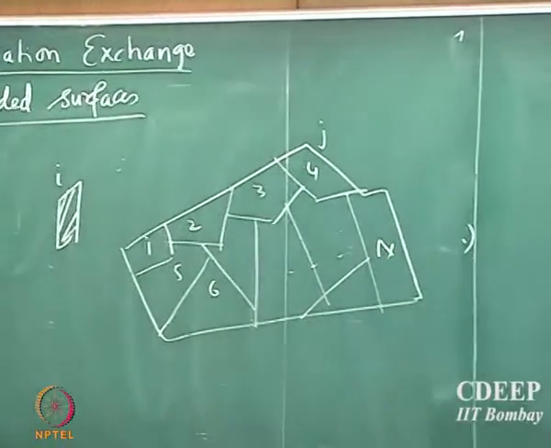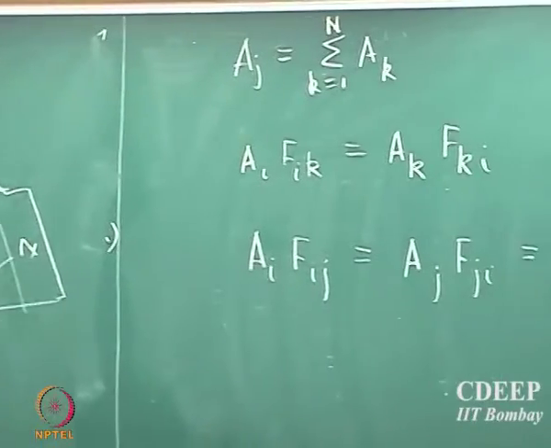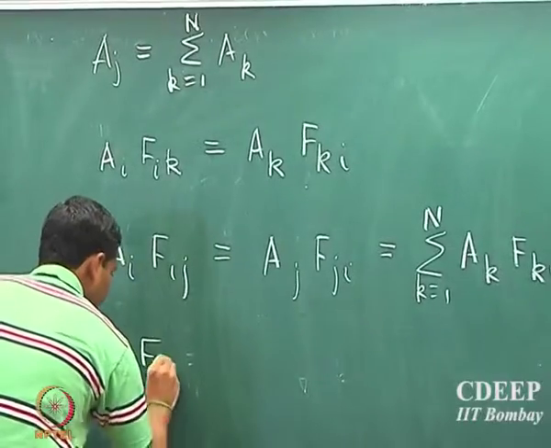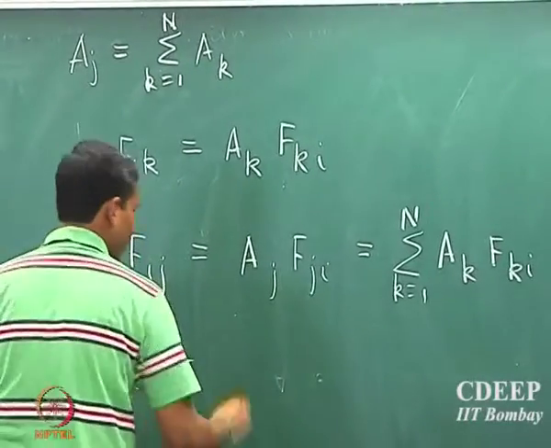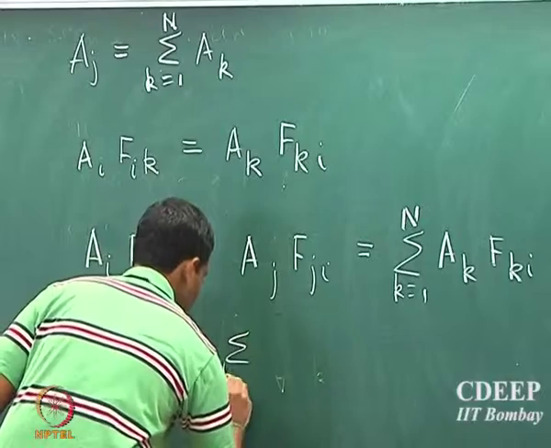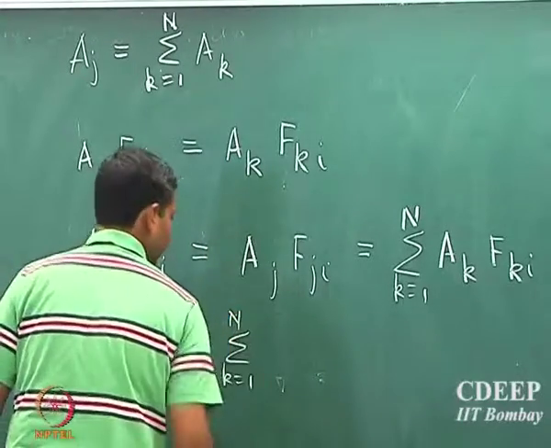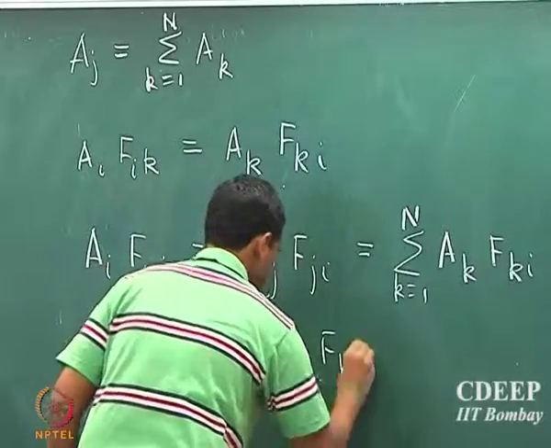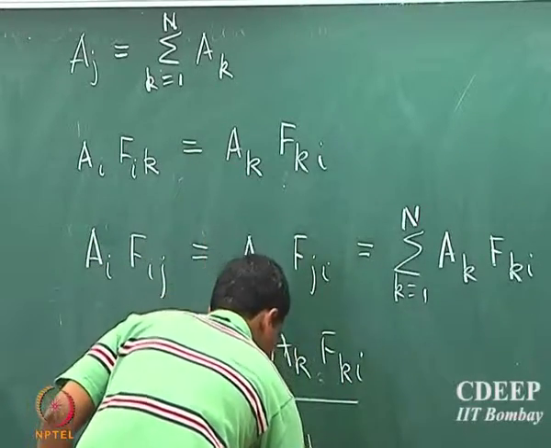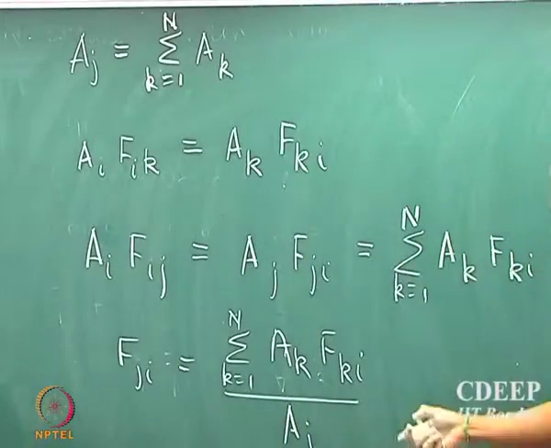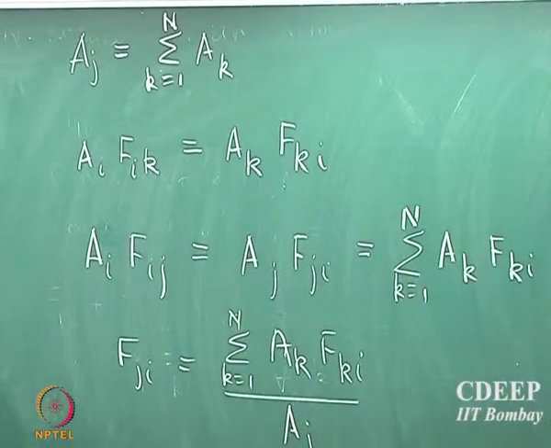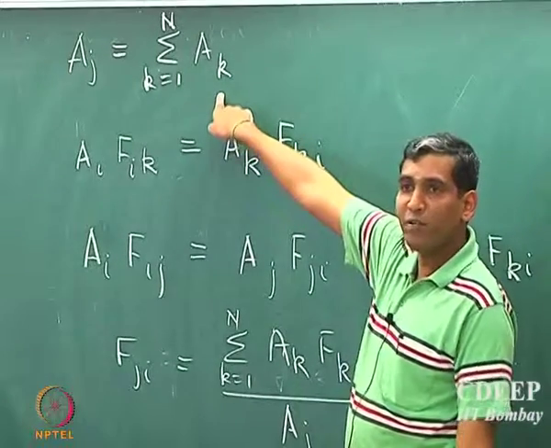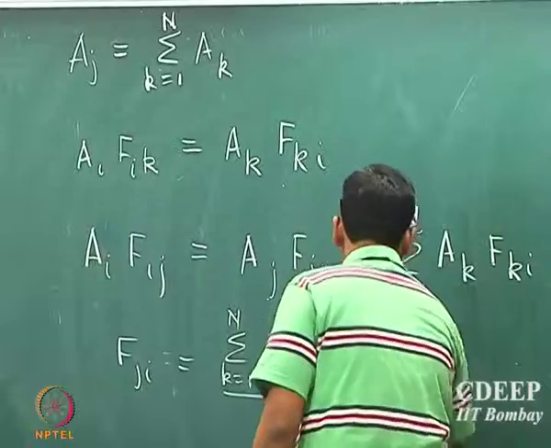Any questions on this so far? Okay. So now Fji is nothing but the sum, k equal to 1 to n, of Ak into Fki divided by Aj. What is Aj? That is nothing but the sum of all the individual areas, right.